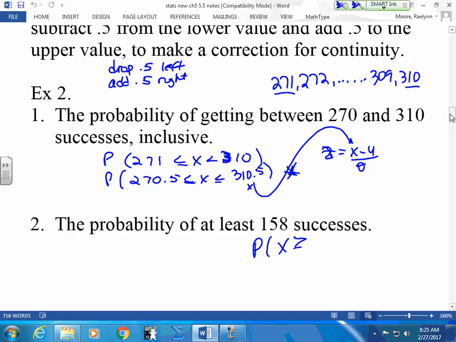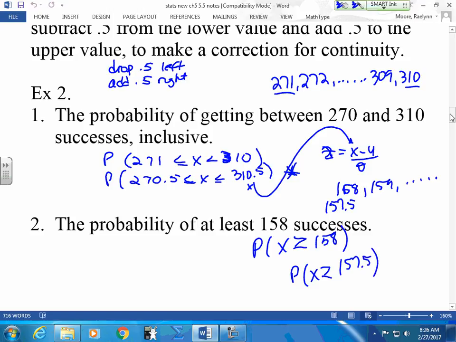Greater than or equal to, that is the least it's going to be. So this is how we start. The first number I could have is 158, then 159, then keep on going, right? So do I have a lower end here or an upper end? A lower end. So what is my rule? Subtract 0.5 from my lower end. I have no upper end. So I'm okay. So here's my correction for continuity.